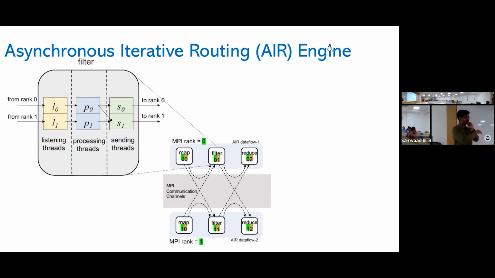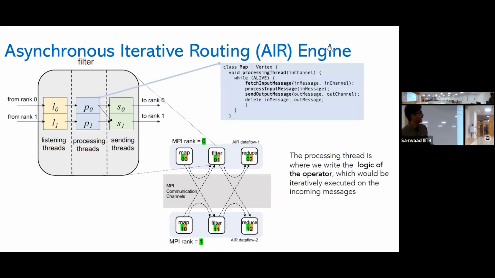Again, this is the internal structure. We have multiple threads for listening, processing, and sending to increase the parallelism within the operators. At the processing thread level, we define what logic needs to be applied on a single message. It would get data from multiple data flows. For instance, here the filter is getting something from map and something from the other data flow.